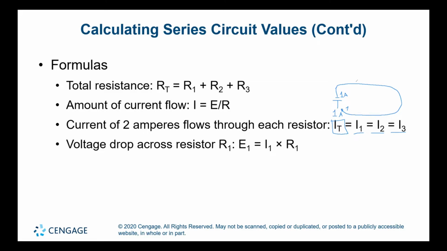Now, this 1 amp is going to be doing its work on all the components, and it doesn't really matter if I have only 1 resistor or if I have 10 resistors. This 1 amp is going to be the same on each individual component. So that's why one of the rules is that the current is the same on each individual resistor in a series circuit.